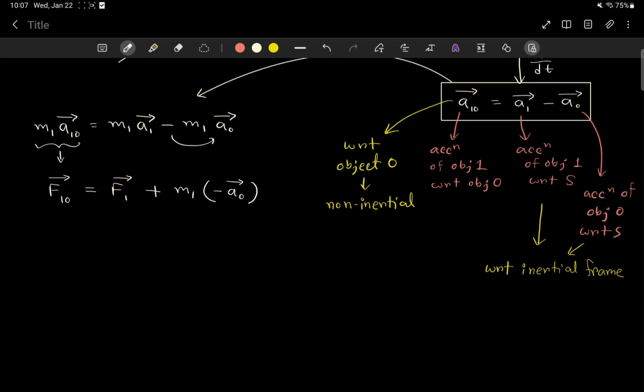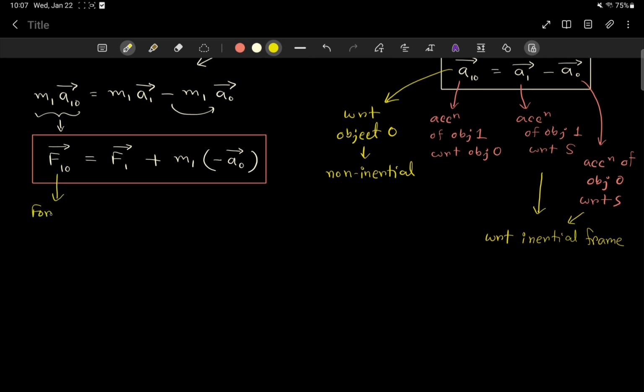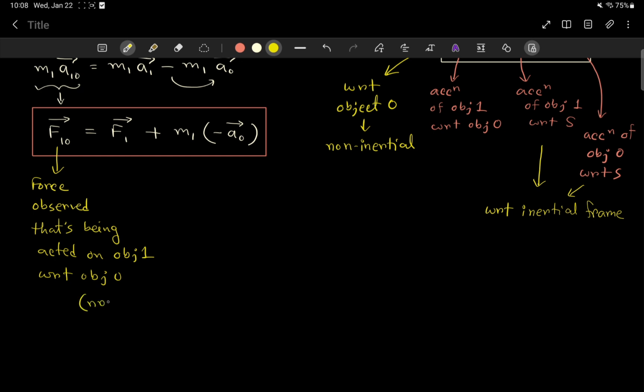Okay, so we have found a new rule, and we will try to see what this really means. This part is the force observed by object 0 on object 1, the force acting on object 1 but with respect to object 0, which is itself a non-inertial frame.